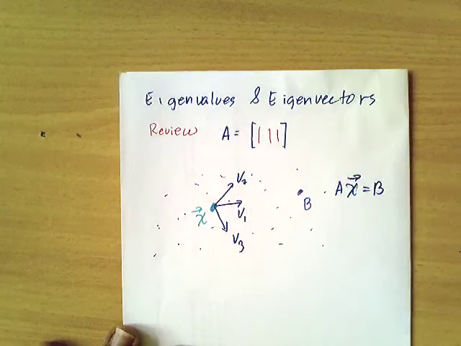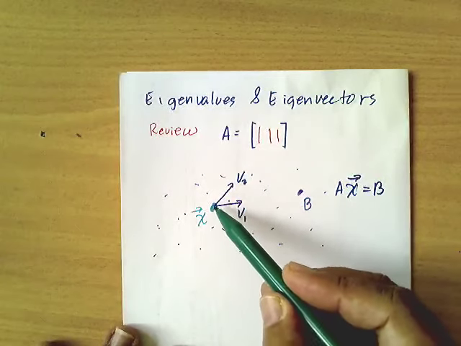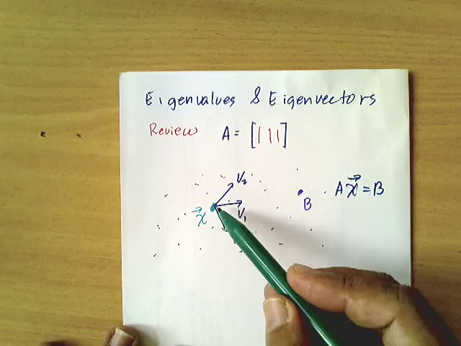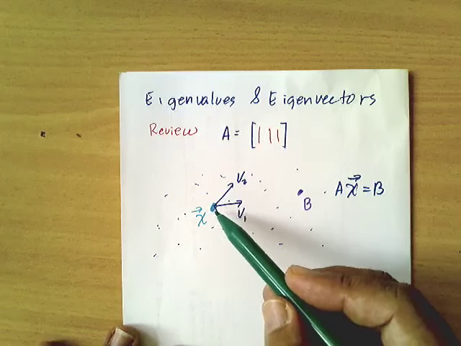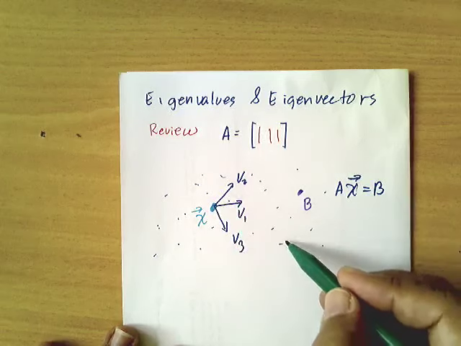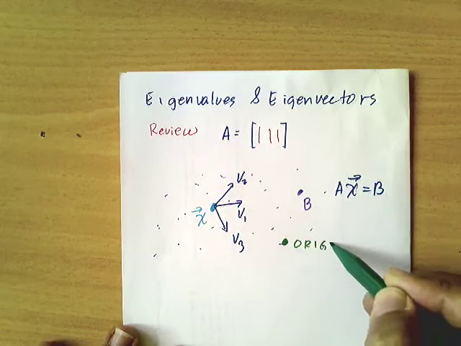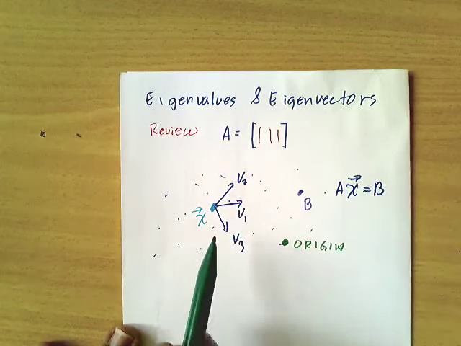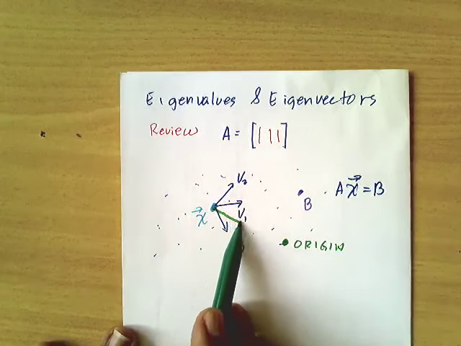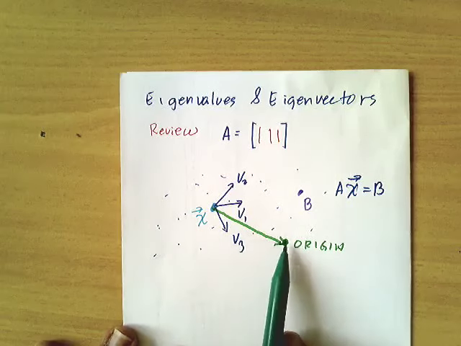Now, we have said that there is also a possibility that there are some x that can be transformed by v1, v2, v3 going to the origin. Let's say this is our origin. So there is a possibility that there are some x's that could be transformed by these vectors into this origin.